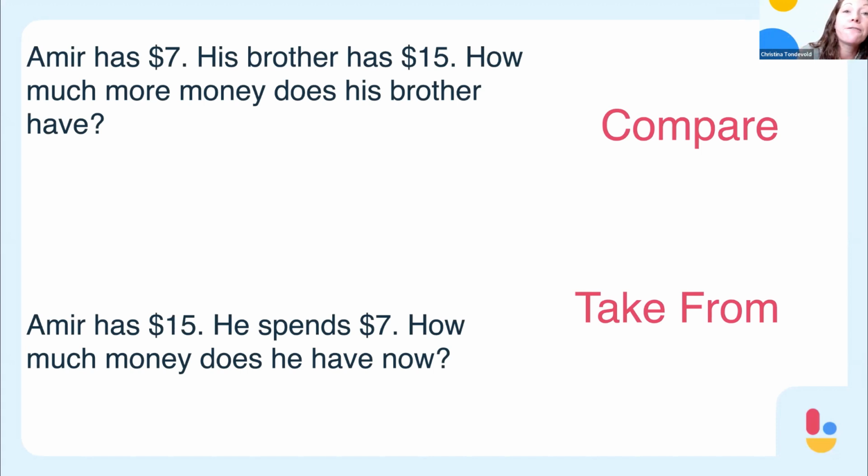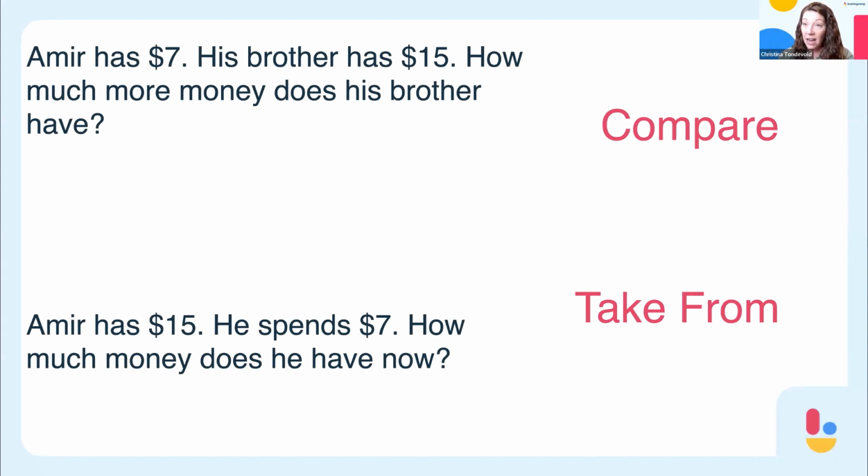Now, if you're new to the problem types, this isn't a full session on the problem types, so just really quickly, in the first one, there's no action. Amir has some money, his brother has some money. There's no action saying take away. There is no action saying put those together.